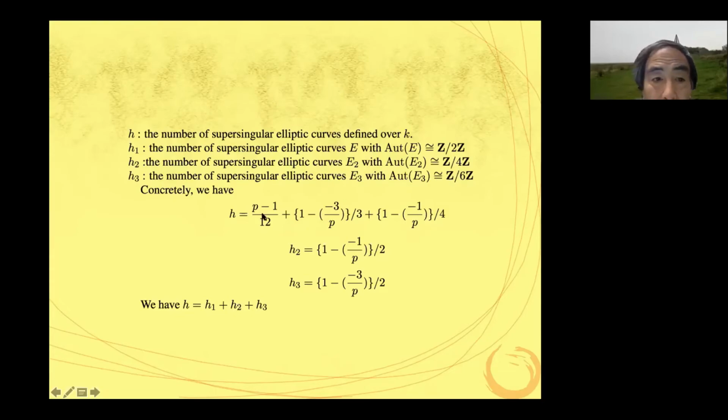Of course, concretely, we can express these numbers. This is the very famous formula for the number of supersingular elliptic curves, and this is the number of supersingular elliptic curves with this automorphism group, etc. Then the total number is, of course, equal to H.